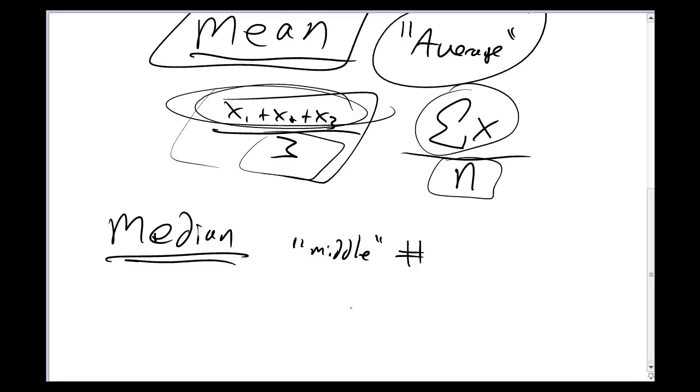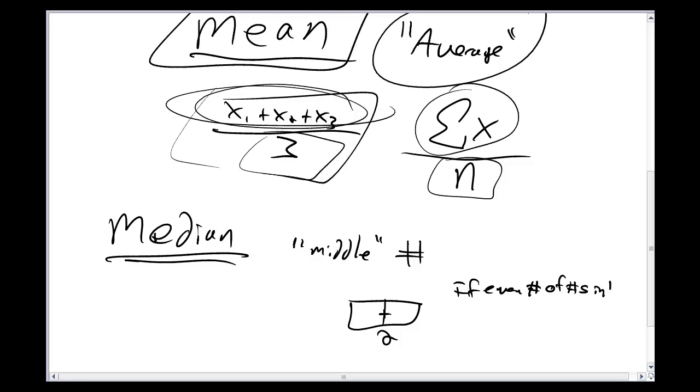If you have an even set of numbers, there's going to be 2 numbers in the middle. So you're going to add those 2 numbers up and divide by 2. So if there's an even number of numbers in the list, you're going to add the 2 in the middle, and find the mean by dividing by 2.